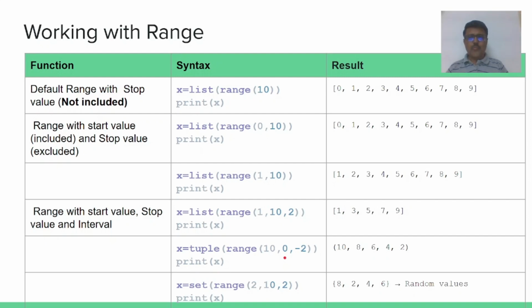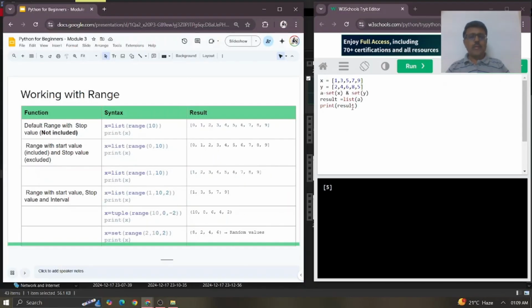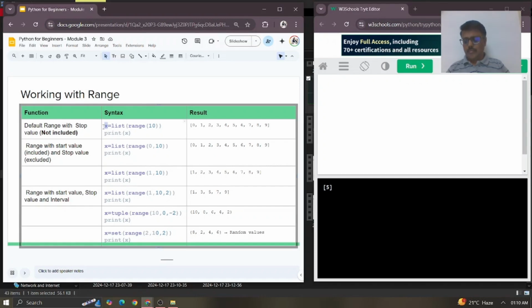I hope you are able to follow up to this. So okay, let's quickly try this. First of all, let's understand what the range is and how it prints. Let me start simply with x equal to range 10.